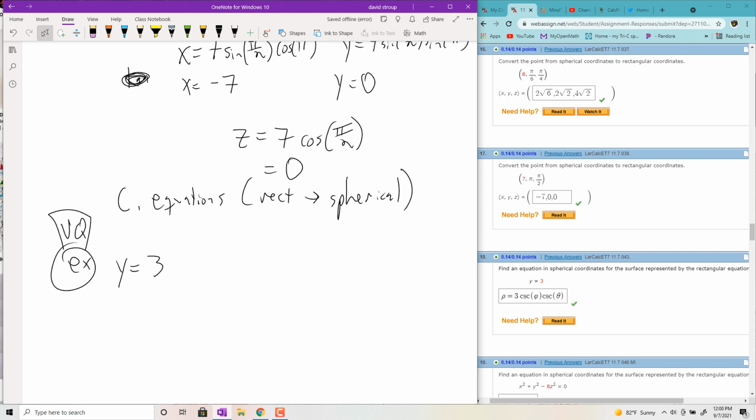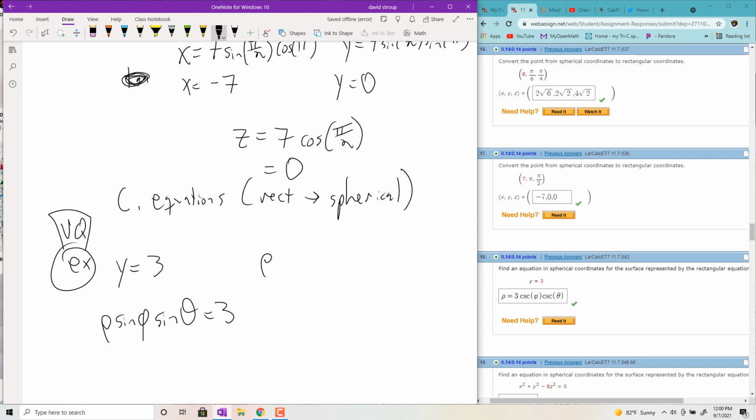Okay. Very simply, just get rid of the y, and we want everything in terms of rhos, phis, and thetas. We have the formula for y above. It's rho sine phi sine theta equals 3. Typically, they want you to get it in terms of rho equals something.